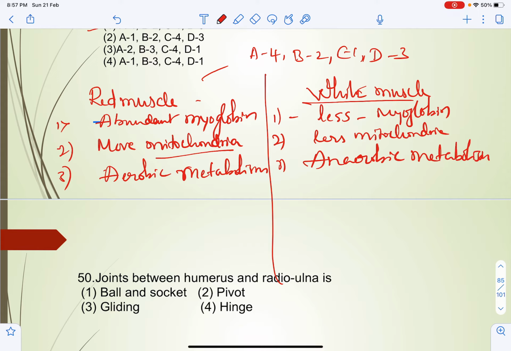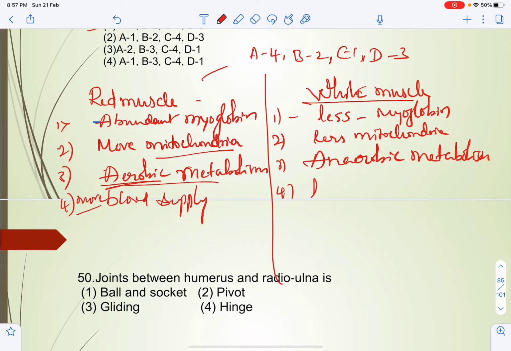More oxygen is required, so more blood supply will be there, because it has to supply more oxygen for that aerobic process. Less supply of blood vessels, less blood supply. If there is less blood supply, we can say less blood capillaries. Here more blood supply, more blood capillaries.